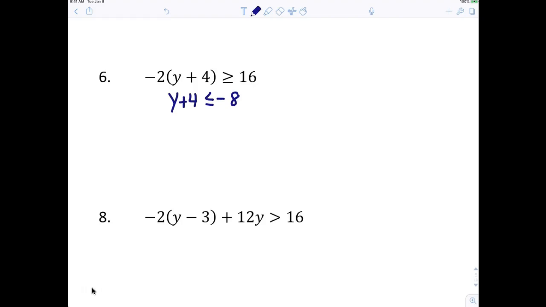See that? Y is less than or equal to -12, so then we'd go -infinity to -12. Anybody have any issues with that? Nobody?